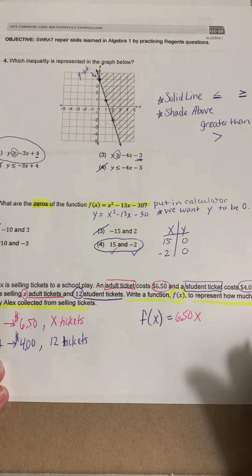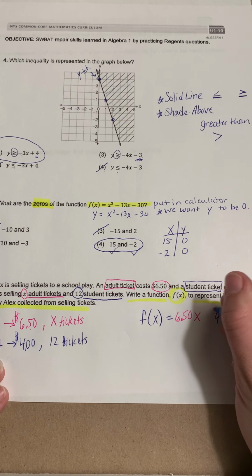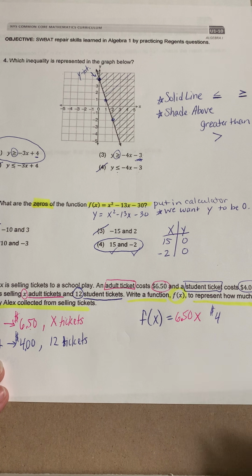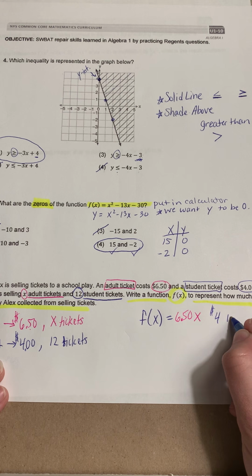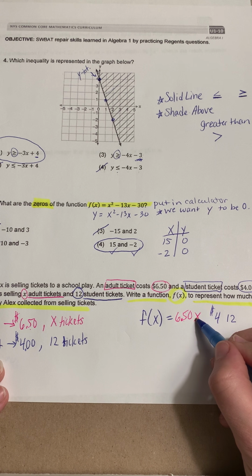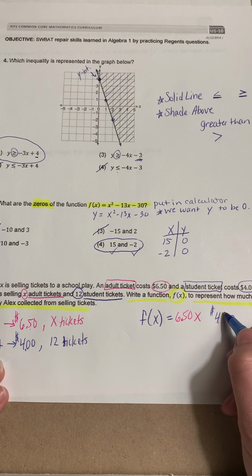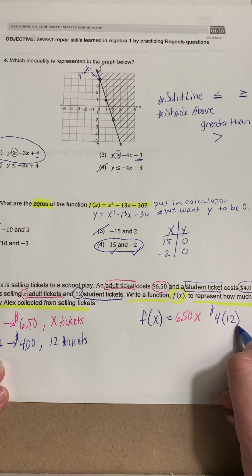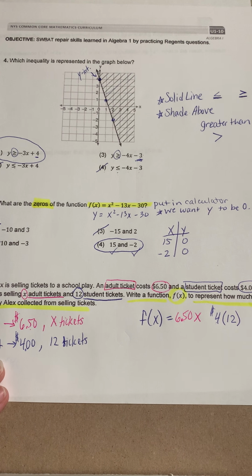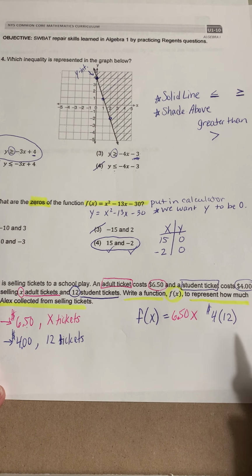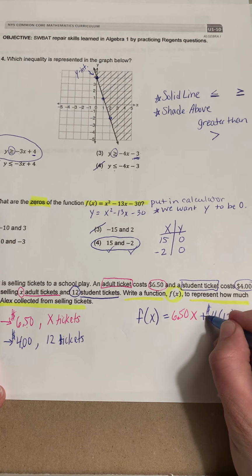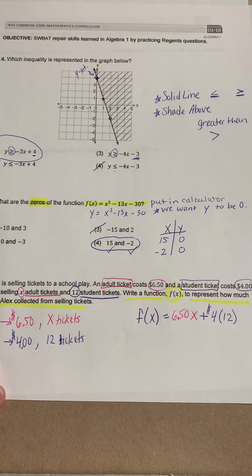And then I have $4 for student tickets, and it's 12 student tickets. So I'm going to be multiplying the $6.50 and the x, and the $4 I'm going to multiply to the 12. Now they want to know how much money he collected from selling tickets all together. So I'm going to have to combine those adult tickets and those student tickets by adding them together.